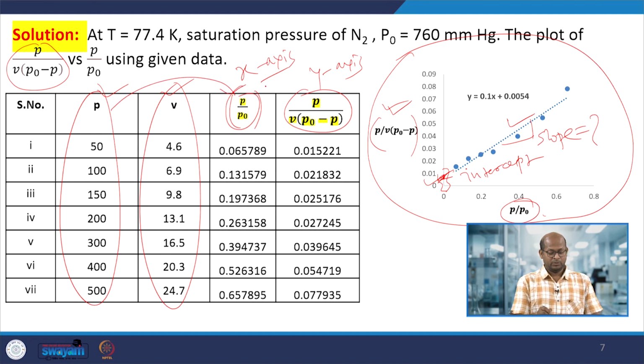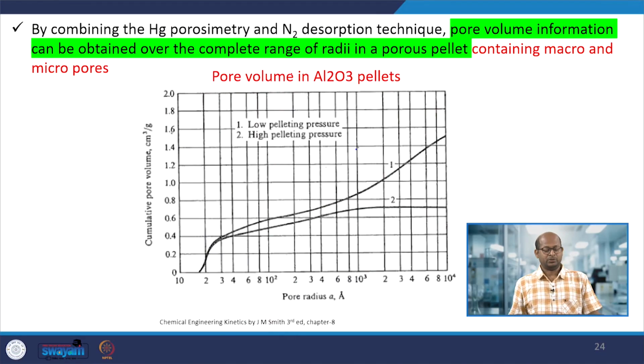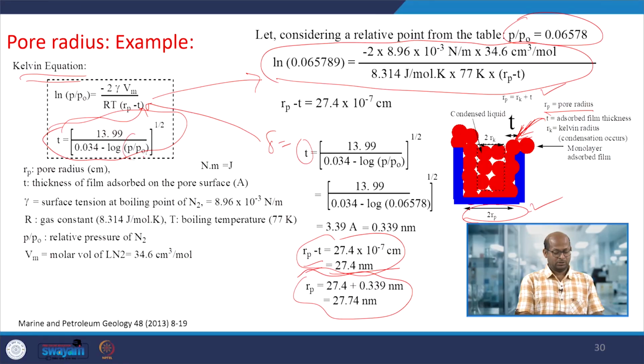From this P by P naught we have to put it in the expressions. So at different relative pressures, we can substitute P by P naught here to find the pore radius. At those specific pressures, from the amount of gas adsorbed and which particular pores are there, the pore radius, pore volume and specific surface area we can easily find out.